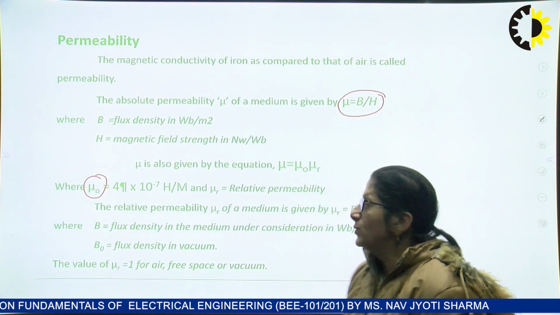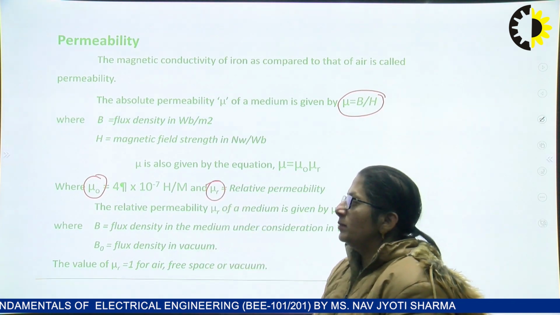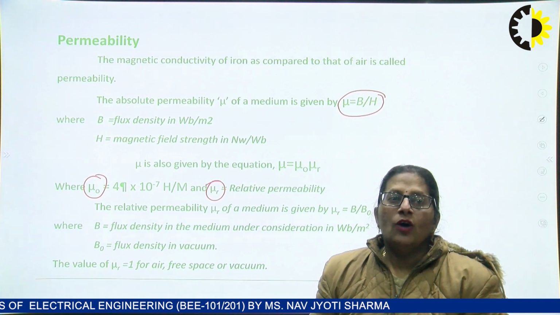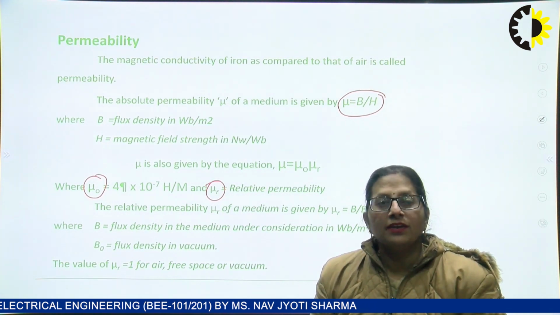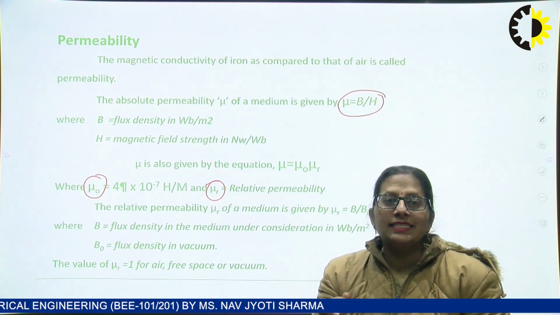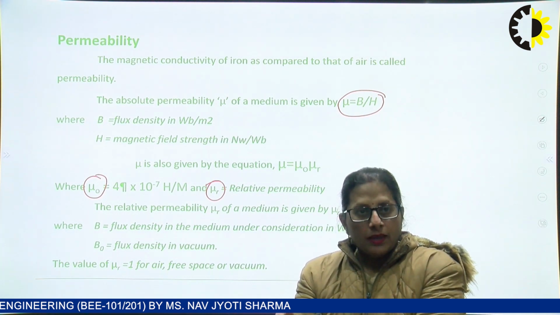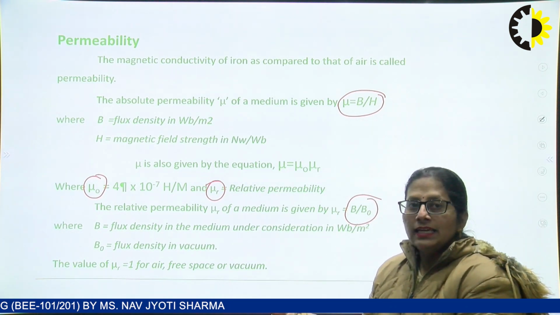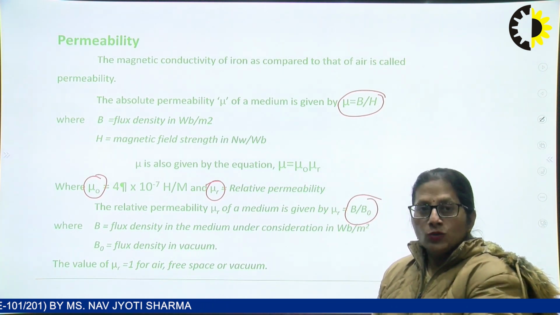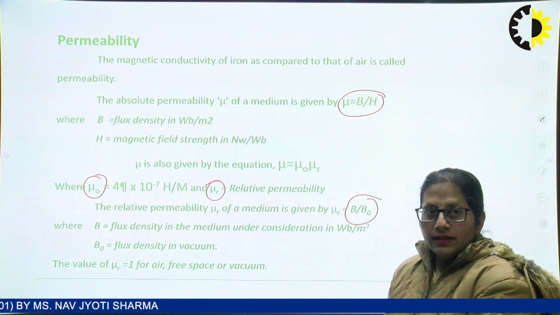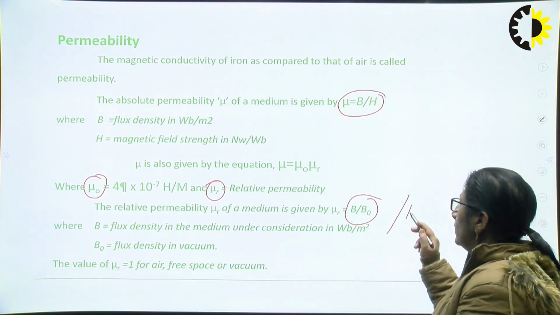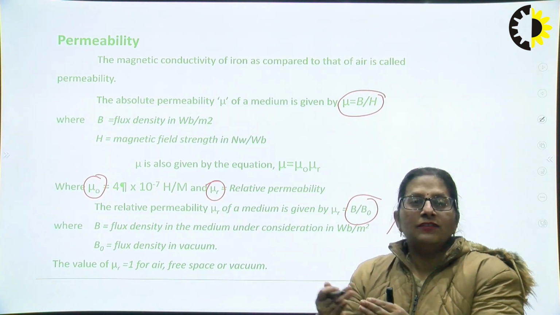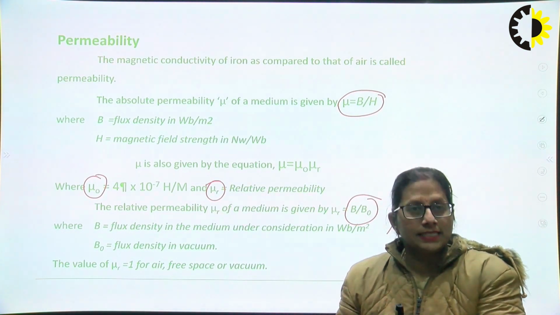The third one is relative permeability. The relative permeability of a medium is given by the ratio of the flux density in a given medium to the flux density in free space, having the same magnetic field intensity.